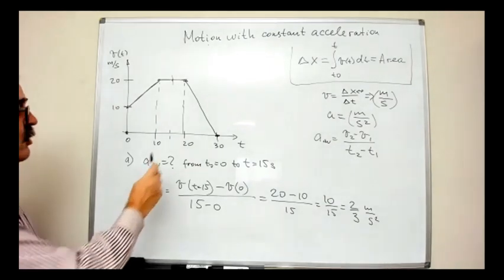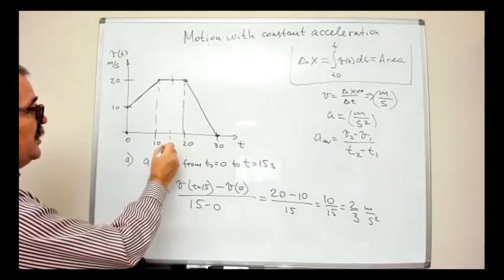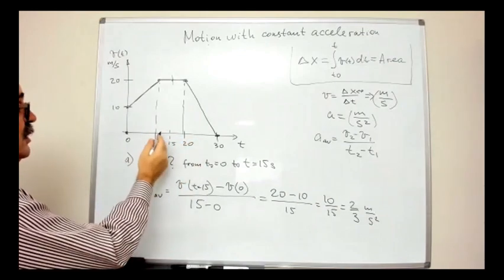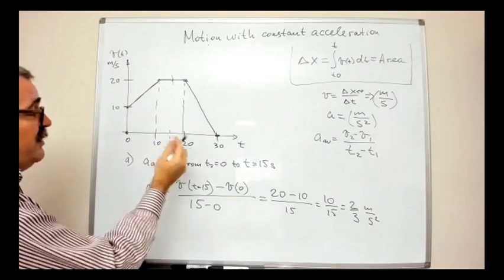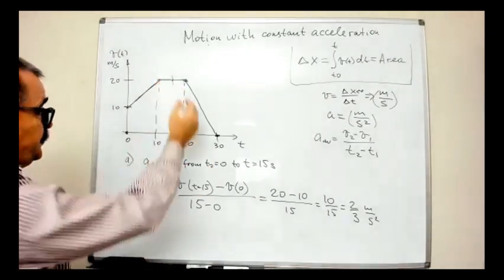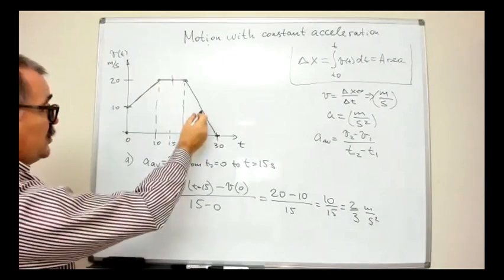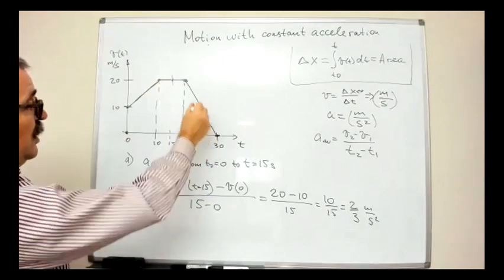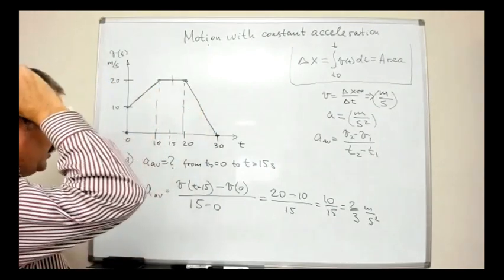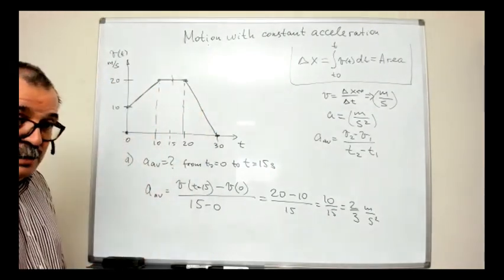Well, apparently, you may compute it for any time interval, let's say for 12 seconds, for 17 seconds, for 25 seconds. Let's say for 25 seconds, it's going to be somewhere here. Looks like for 25 seconds, the average acceleration will be 0, right?